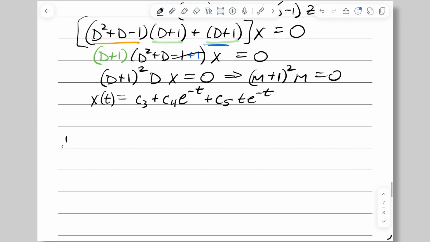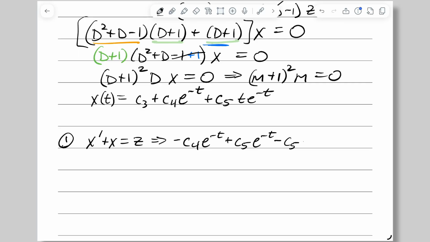So taking equation 1, we see it's supposed to be x prime plus x is equal to z, after a slight rearranging. And that's going to give us, for the derivative of x, -c4 e to the -t plus, product rule here, c5 e to the -t minus c5 t e to the -t. So that's the x prime part.